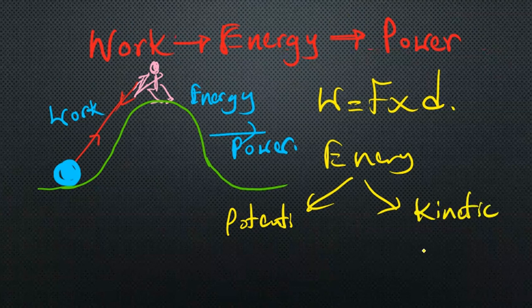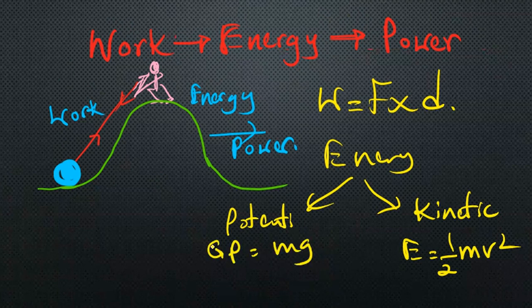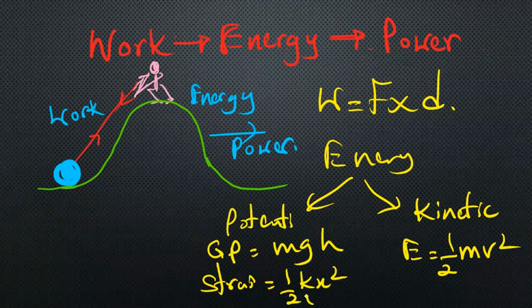Kinetic energy equation, E equals half mv squared, where m is mass, v is velocity. Potential energy, we have two potential energies. Gravitational potential energy, that equals mgh, and we have strain energy, that is half k x squared. K is the force constant, x is the displacement from the center.